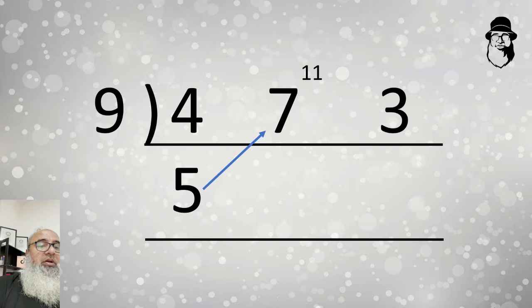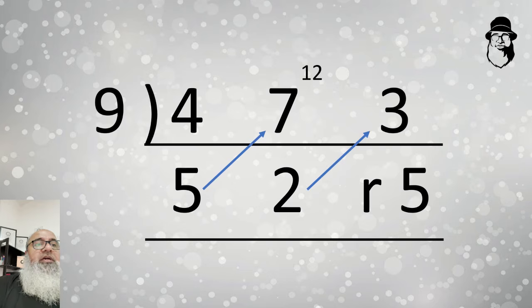And now, when we add 5 to 7, we get 12. But we ignore the 1 of 12 as it has been taken care of before and put 2 as the next digit. Then adding that 2 to 3 gives remainder 5.